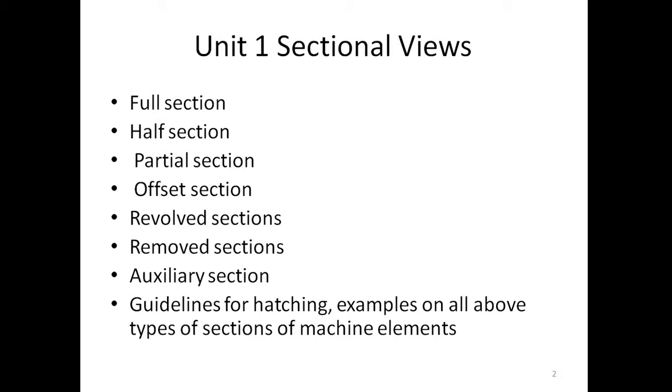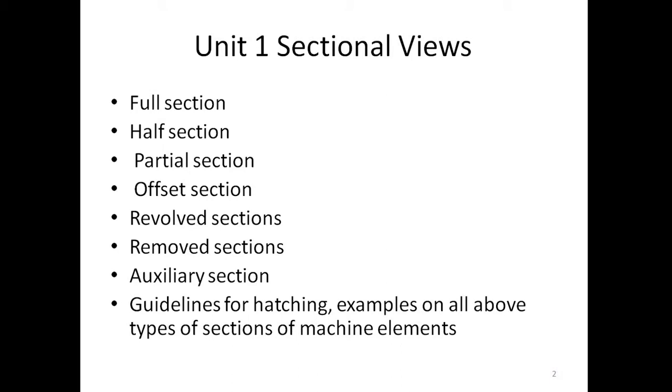First one is a full section, in which the cutting plane cuts throughout the object. In case of half section, two cutting planes are there which are 90 degrees to each other, and a quarter part of the object is taken.